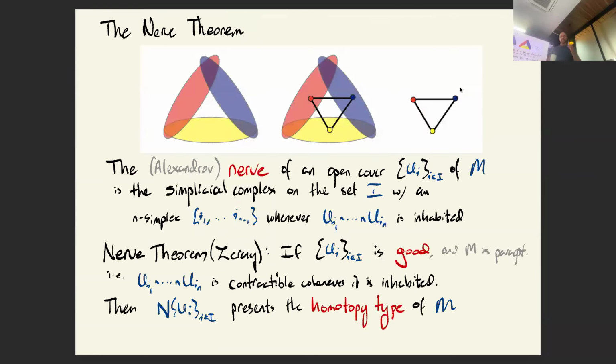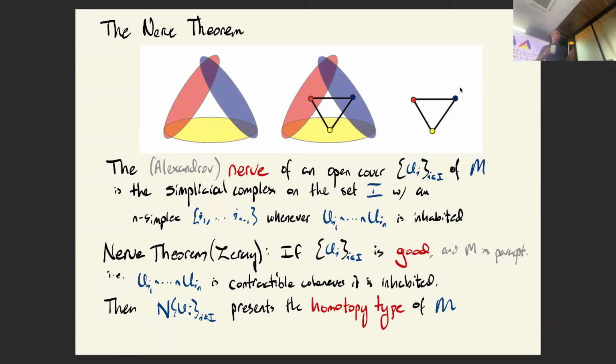So what is the nerve theorem? The nerve theorem is a way of computing the homotopy type of a space. The nerve is a simplicial complex which is associated to an open cover of a space. What you do is you take an open cover, like there on the left, and then you add a point for every open in the cover.